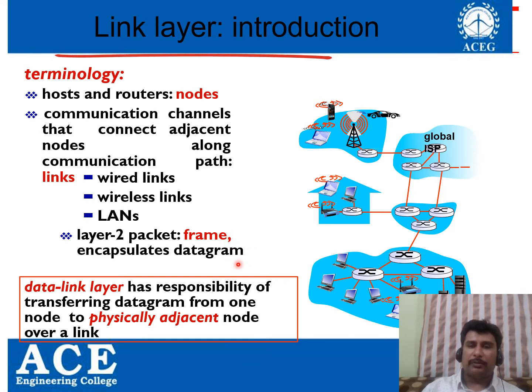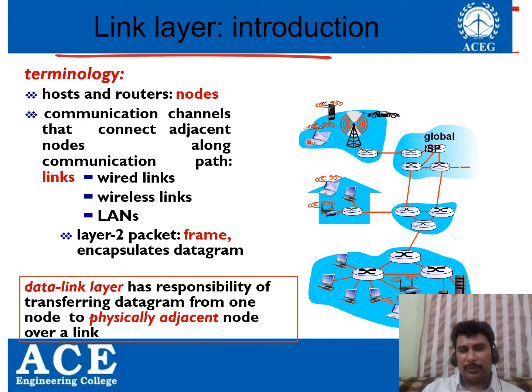And one more important function delivered by the data link layer is this: if the source and destination are spread over a far distance and in between we are using some intermediate nodes. For instance, in this simple example, here you have a source and this is the destination. In between you need to use different routers to reach from source to destination.